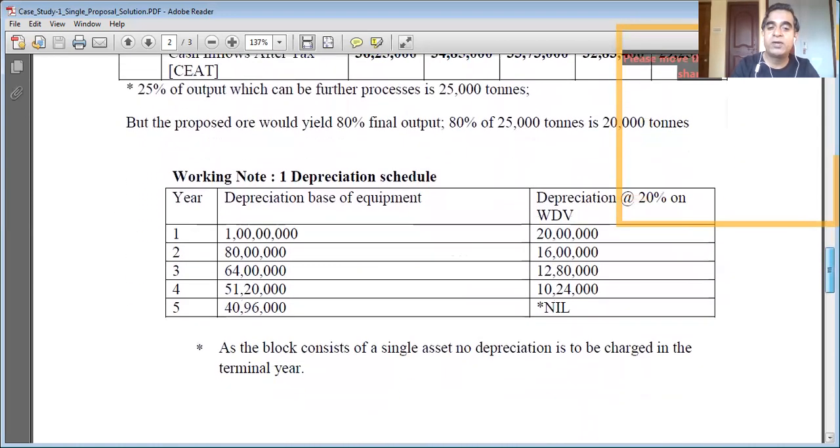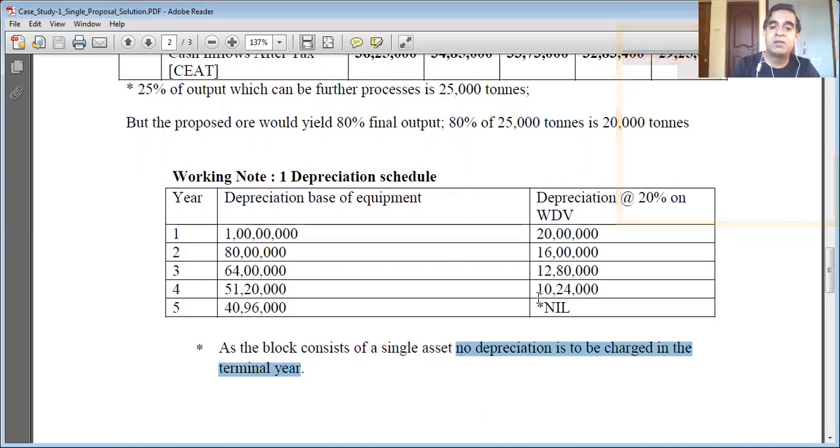You need to recall, as the block consists of a single asset, it is not a block of assets with many assets in the block. So the block consists of a single asset. We have learned that no depreciation is to be charged in the terminal year.